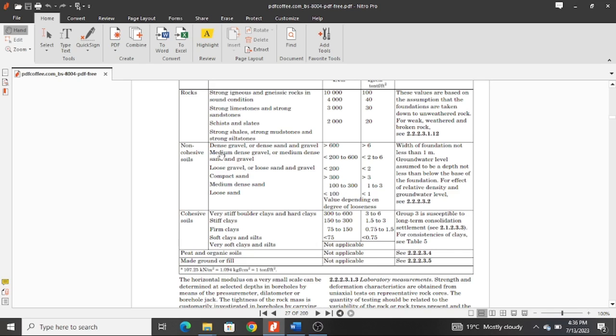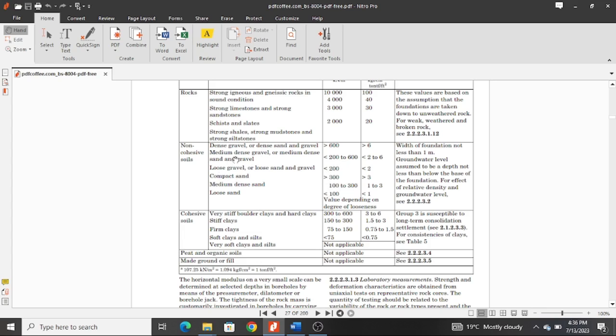So assuming you have dense gravel, you could use values greater than 600. If you have loose gravel, you could use values less than 200, and if you have compact sand, you could use values greater than 300.